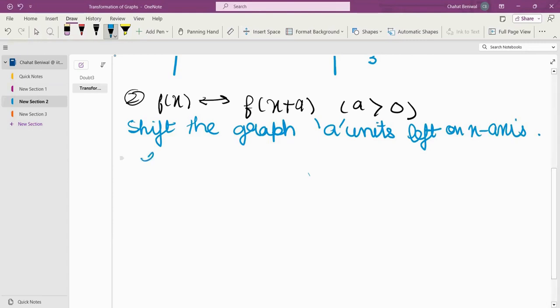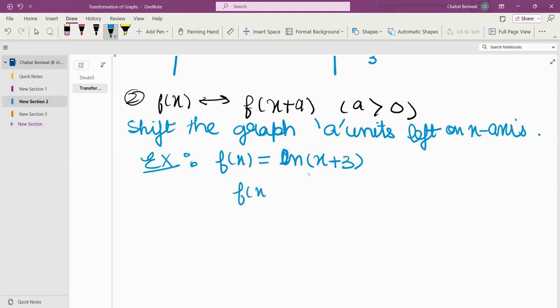Okay, this time let us take f(x) is equal to ln(x plus 3). This is natural log. Okay, so first we are going to see what kind of transformation we are applying to form the original function, which is going to be ln x.